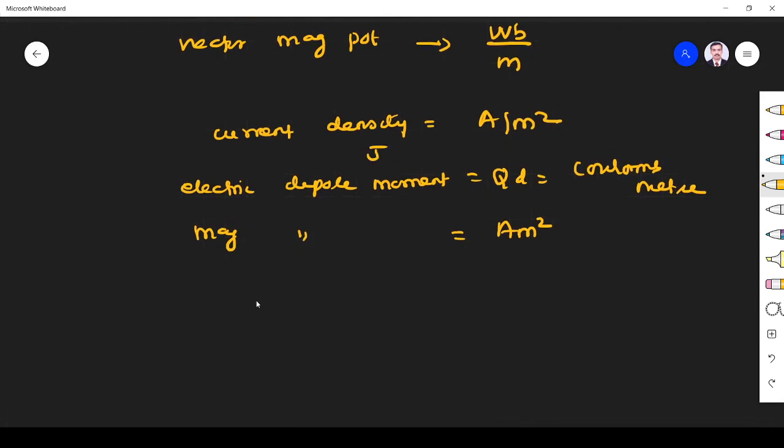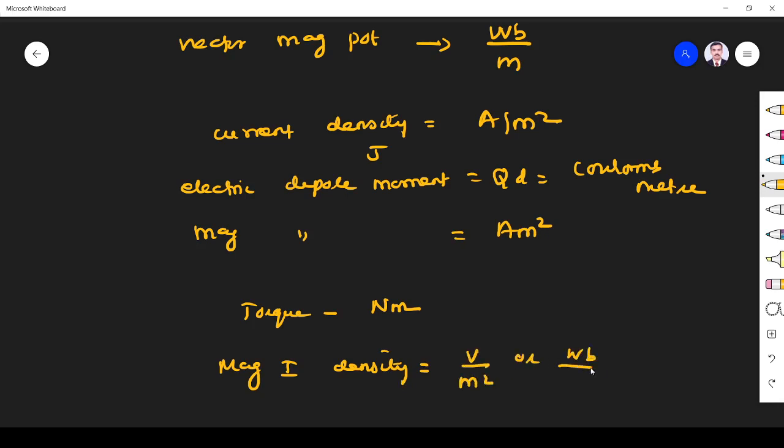Fine. Next, torque. Force into distance, Newton meter. Right? So, magnetic current density. That is given by volt per meter square or Weber by meter square second.